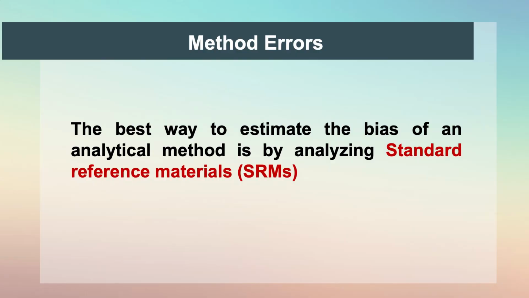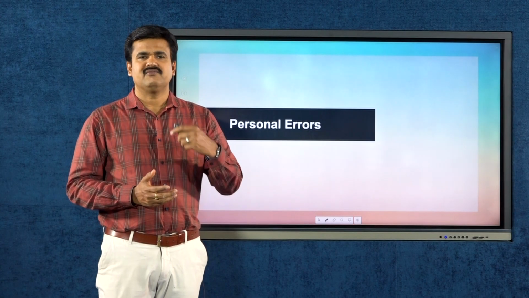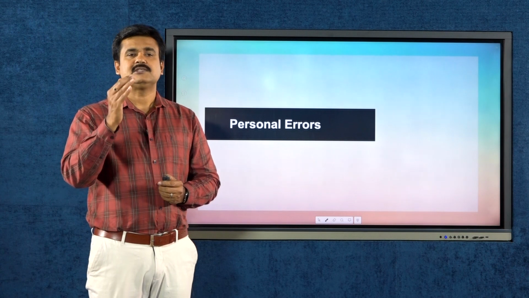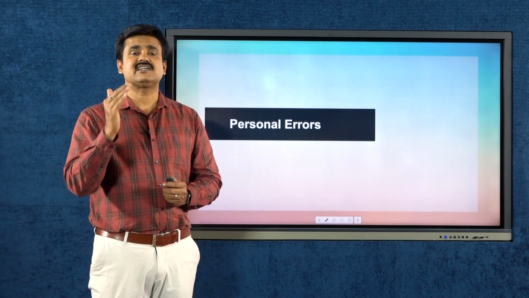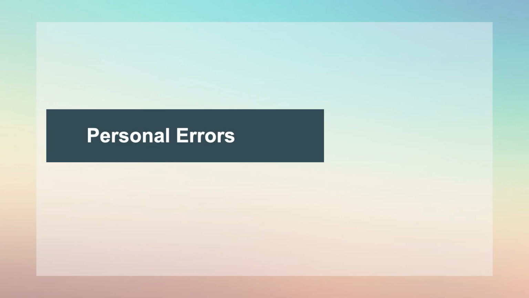The best way to eliminate the bias of an analytical method is by analyzing standard reference material or by calibrating using standard reference material, which is abbreviated as SRM. Now, we are considering the third type of determinate error. The third type of determinate error is the personal error.